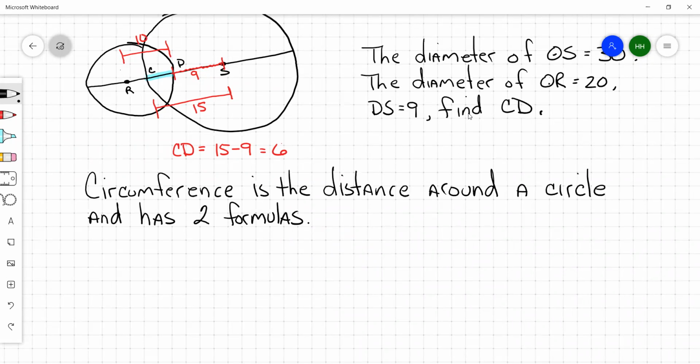All right, we can say that circumference is equal to 2 times pi times the radius, or you can use the formula that circumference equals pi times the diameter. You can use either formula.